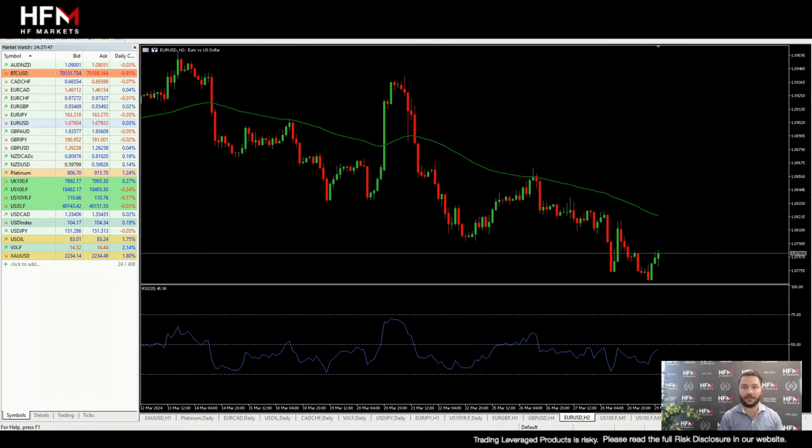Number one, they need to take into consideration and price in to the markets the PCE price index. Probably not going to require a lot of alterations because it came in as expected. But nonetheless, we have to take into consideration and price in the US dollar's price alterations and new price level.